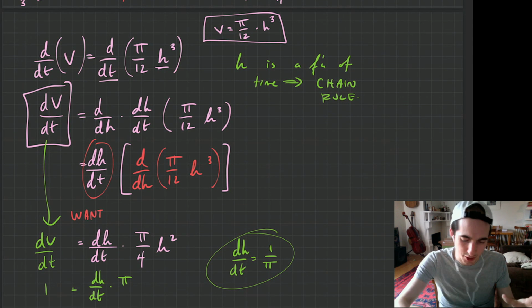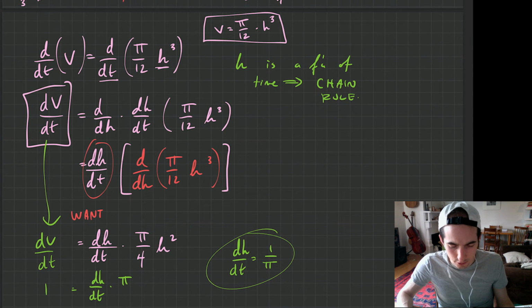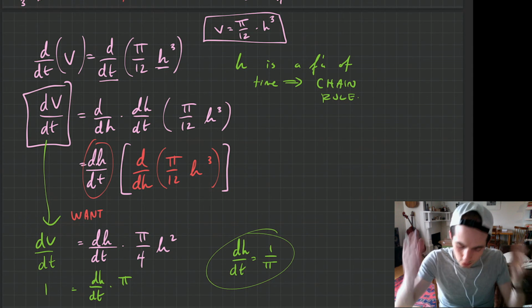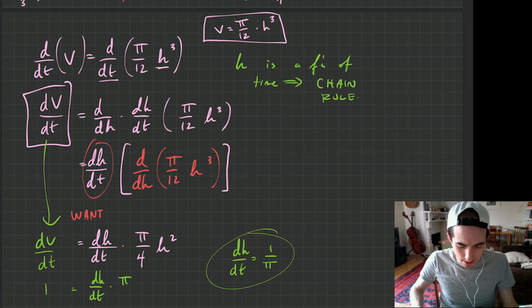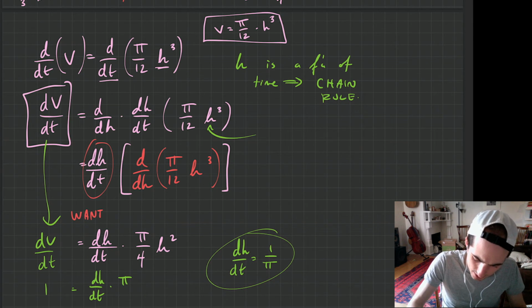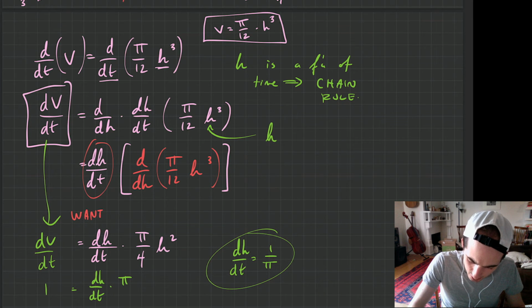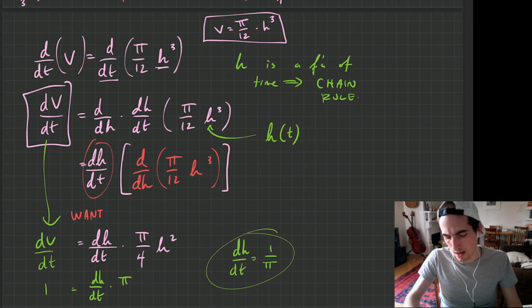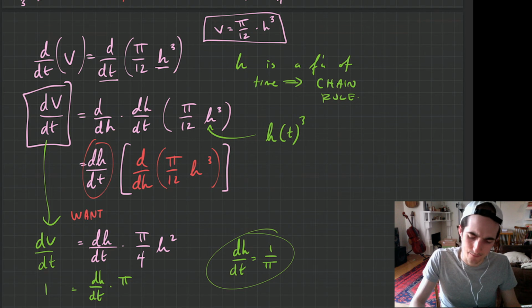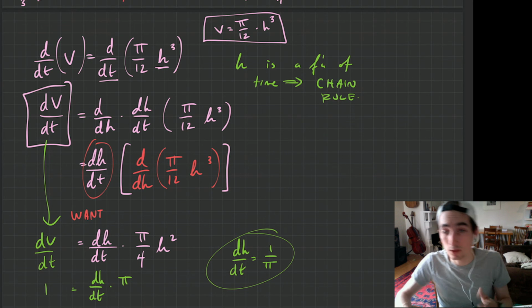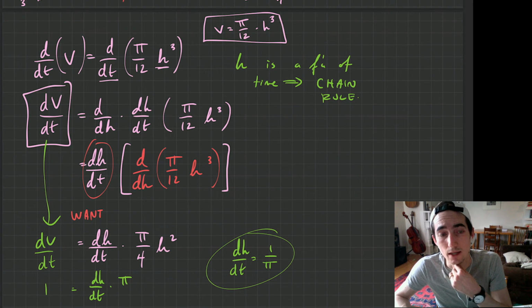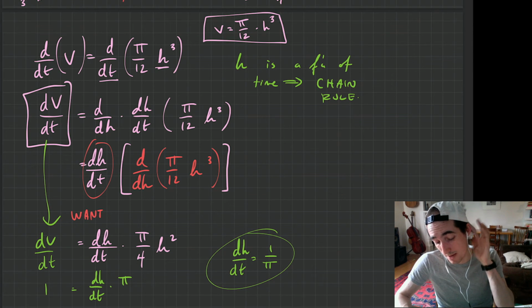So I copied the question, but I didn't copy his solution. So you could look at his video. He might explain it in a slightly different way than I did. I think what he did was turn this into h of t cubed, and I didn't quite like that. But maybe you prefer looking at it that way. In any case, you could look at his video and see what he did, and maybe it would make more sense.